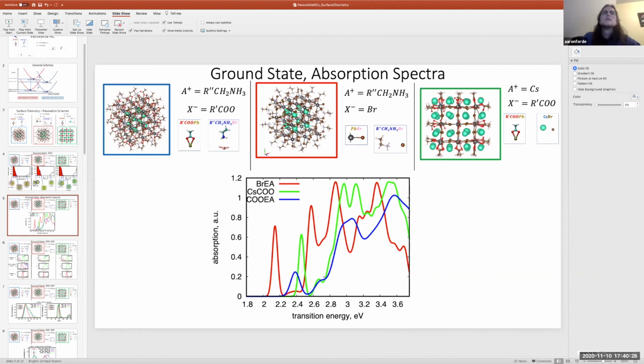So I think we talked about this a little bit, but these, what I call X ligands, so carboxylates and bromine, I know for sure that the carboxylates do show some contribution to the HOMO and LUMO from past models looking at this.